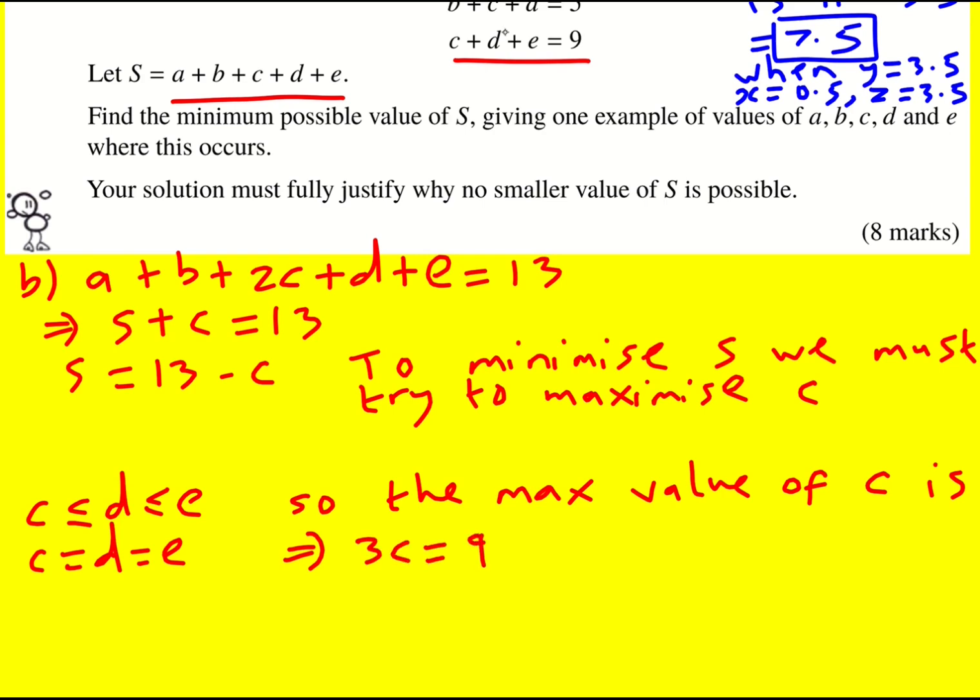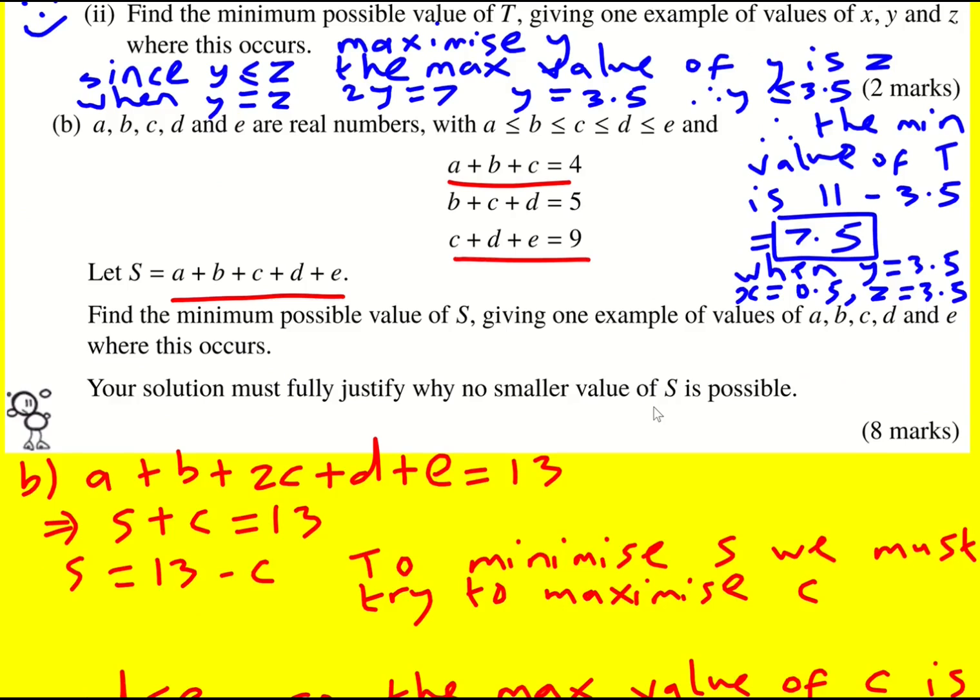I've just replaced D and E by C up here when they're the same. And so C is equal to 3. And therefore, the min value of S is surely 10. Okay, and job done. Or is it?